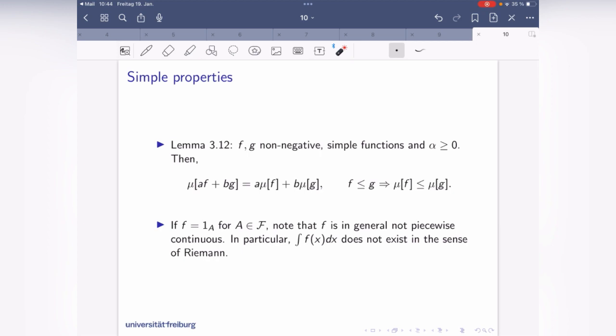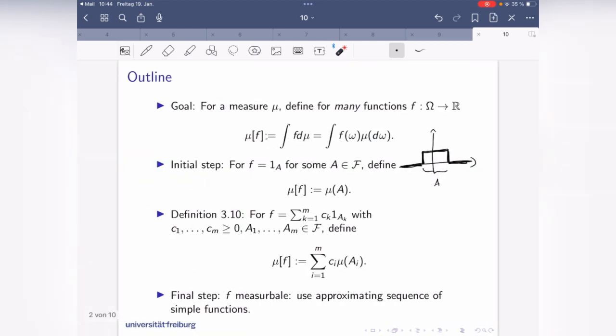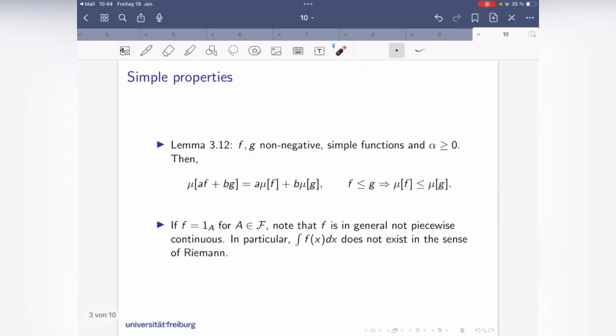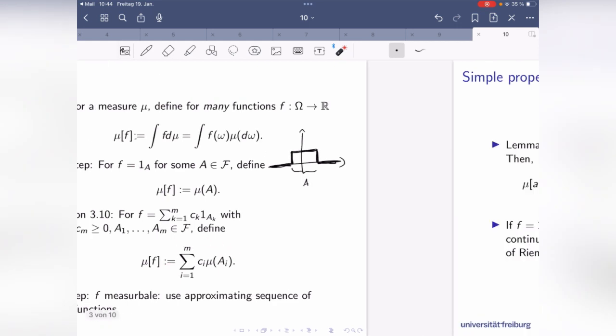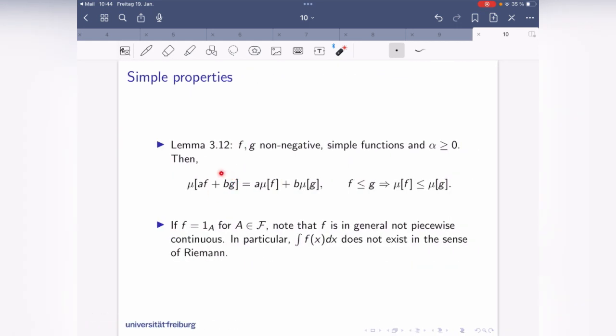Okay, so these are just simple properties of just finite sums. You can make up your mind why that should hold. So for example, here linearity is clear because you can write another simple function, which is the linear combination of the simple functions f and g. And you can also do it with the right hand side and see that the sums are just the same.